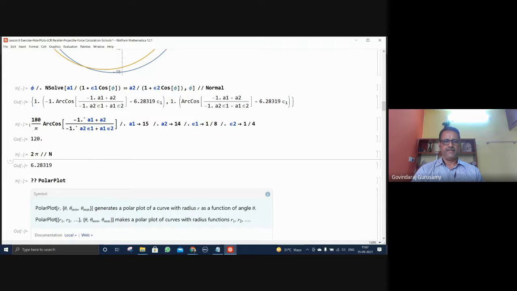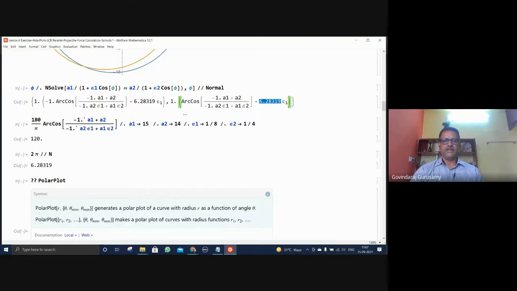Okay, I hope it's clear for all of you. Let's assume that you have a clear picture about it. Then substitute A1, A2, epsilon 1 and epsilon 2 that are available, and look for the result. It happens to be 120 degrees, the angle between them. This 2 pi is the number 6.2819 that is sitting here.